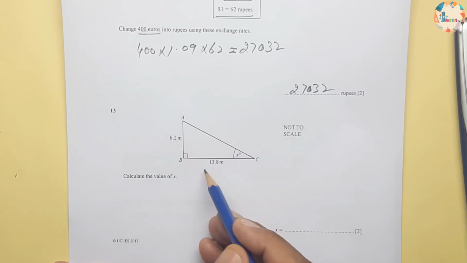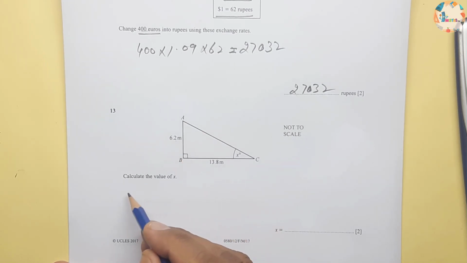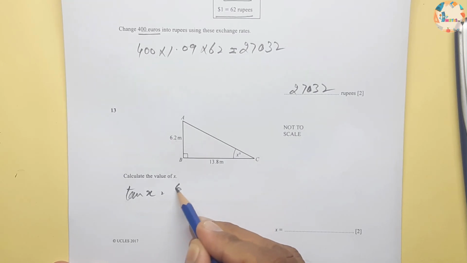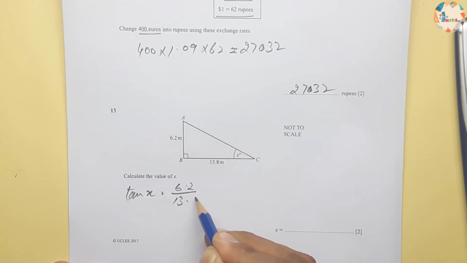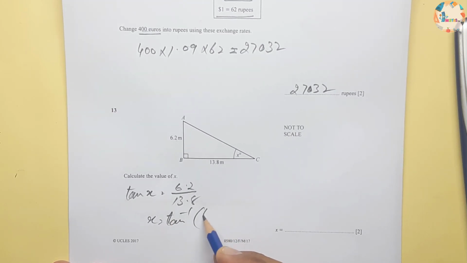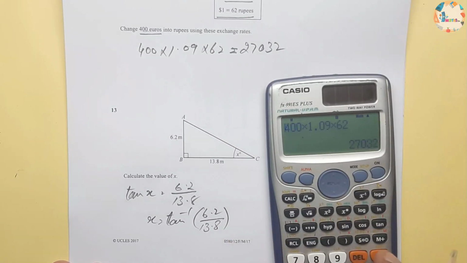sine, cos and tan. So opposite over adjacent will be tan. Tan x will be equal to 6.2 over 13.8, and x will be equal to tan inverse of 6.2 divided by 13.8. This will be calculated.